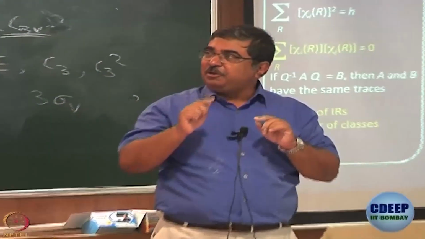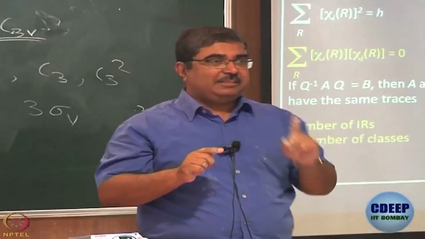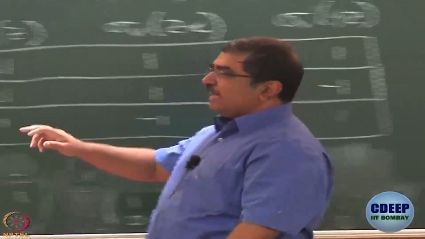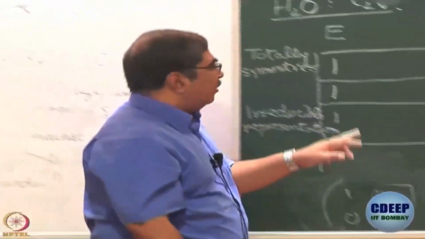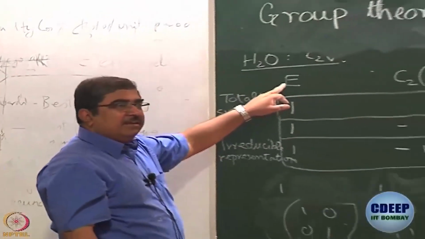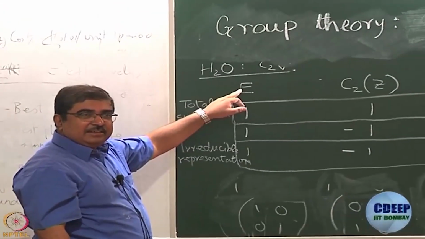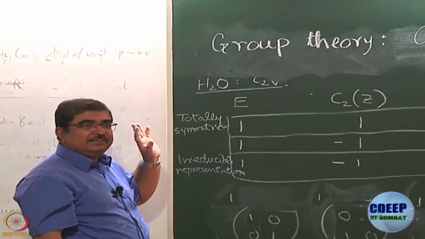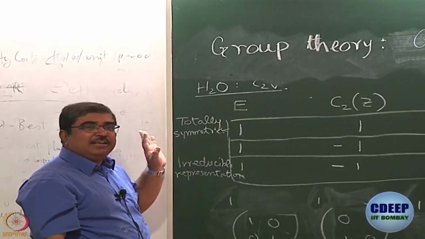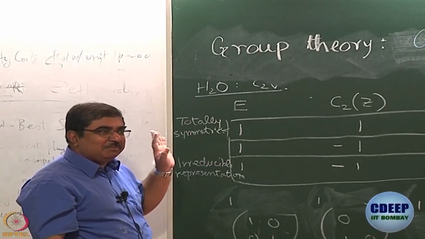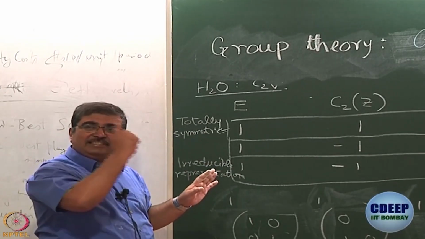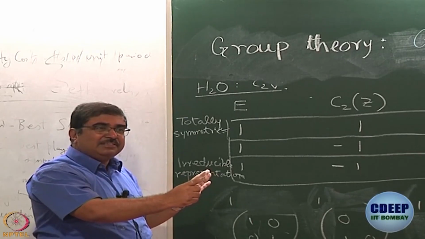But today, before we close, just one point that I want to make is this. What is the character of the matrix standing for E in the one dimensional representation? That might sound like an idiotic question, but please bear with me. You remember what character is? Trace, sum of all the diagonal elements.